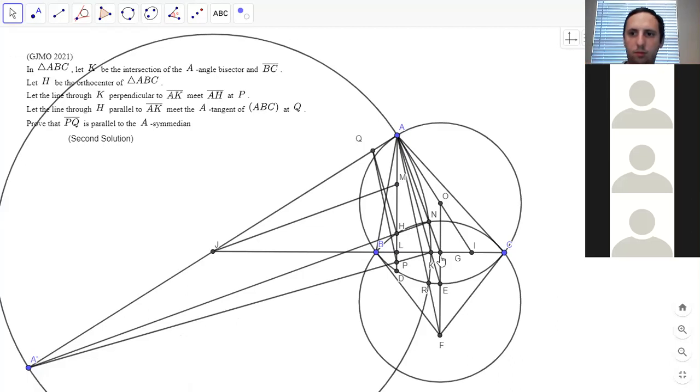Okay, like Hakan said, we need to prove that QHPA prime is cyclic.